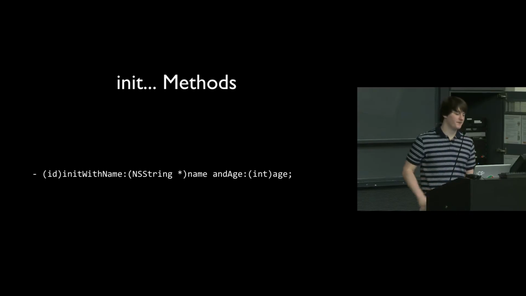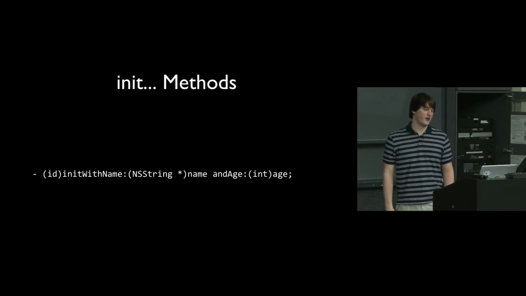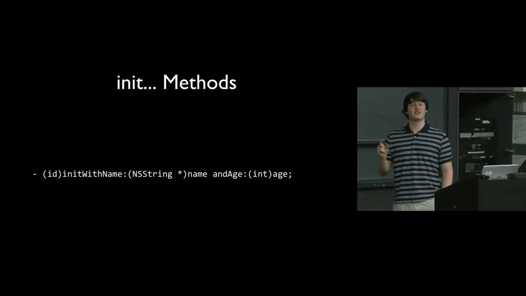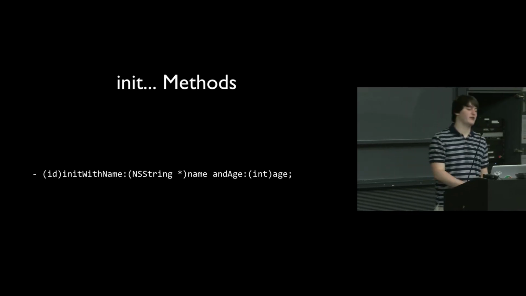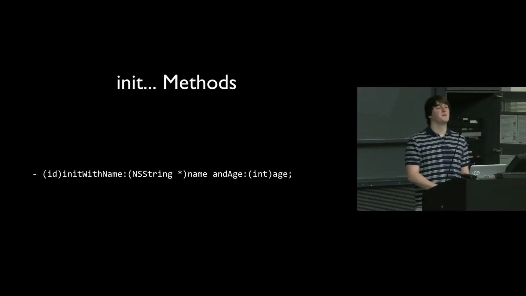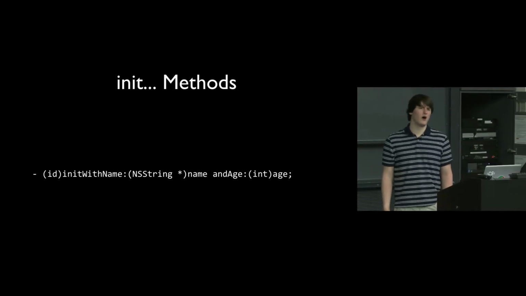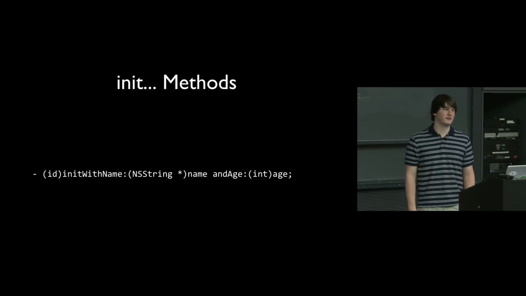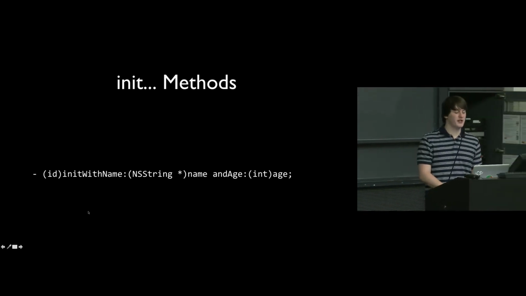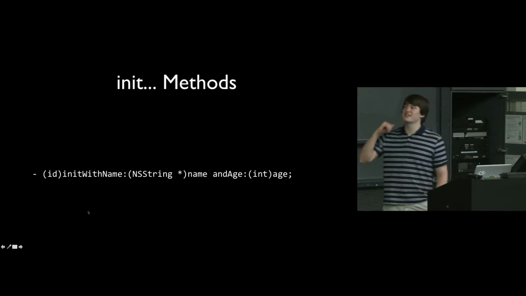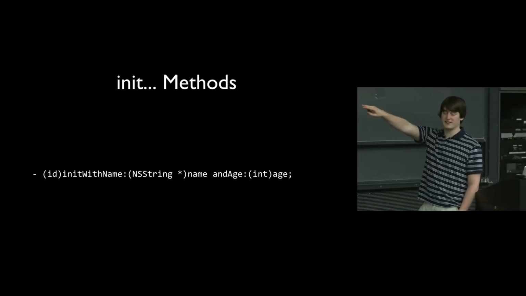Okay, so init methods. Up till now, we just used init. Remember, you should always initialize something, but you don't need to initialize it with just init. You can define your own initialization methods. When you're actually doing iOS, you're going to be dealing with a bunch of other initialization methods. The convention is that the initialization methods always start with lowercase init.